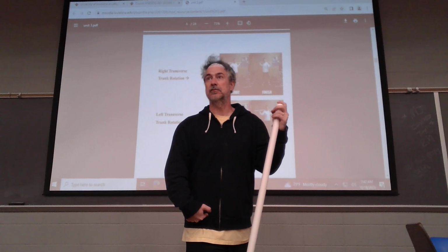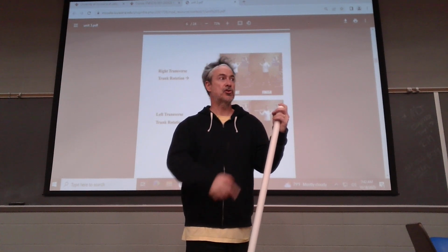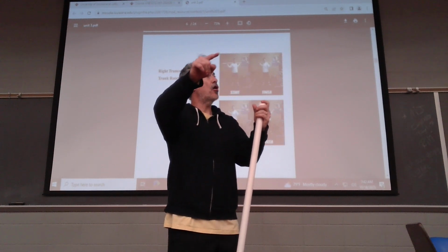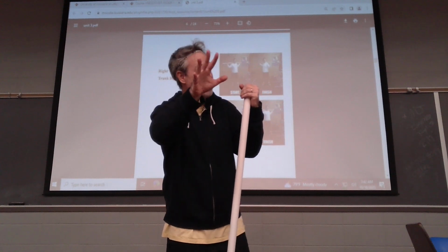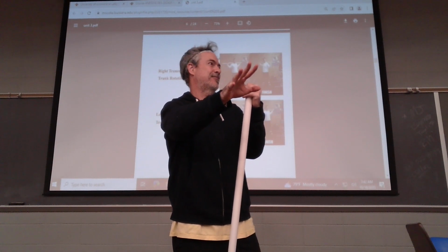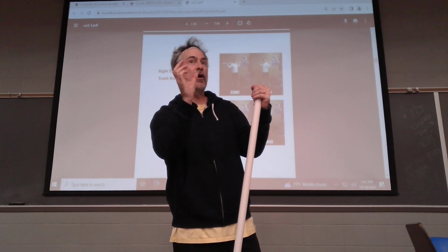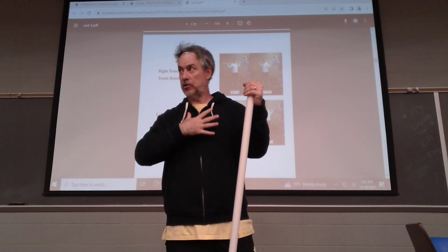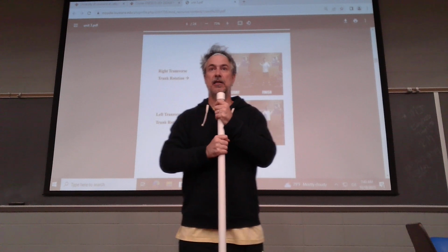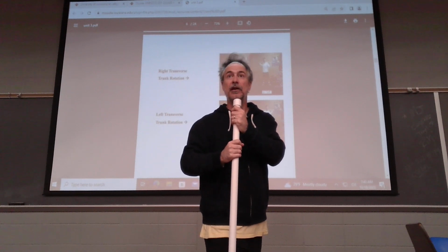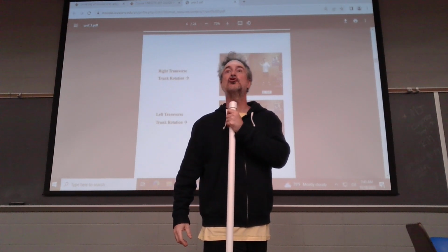It's the destination. You started here, you ended there. You had to have the same motion. Notice I didn't say left transverse pelvic. If we're talking about the trunk, this is left transverse pelvic, but it's right transverse trunk.